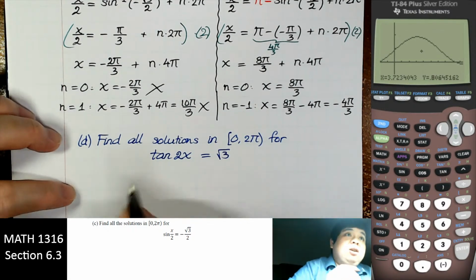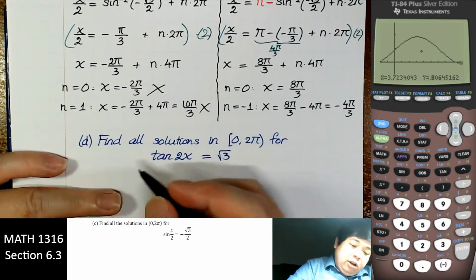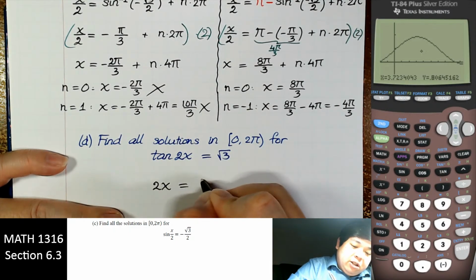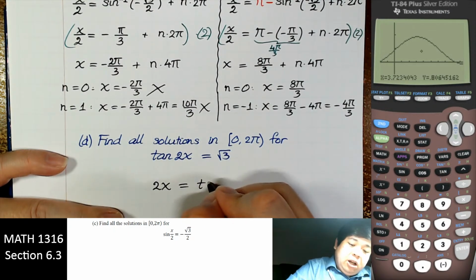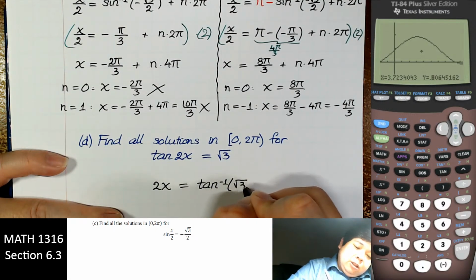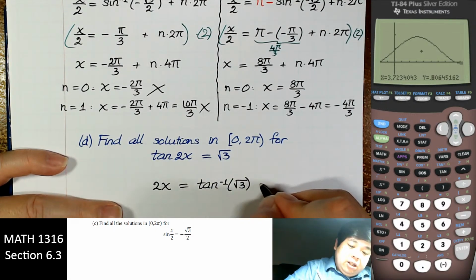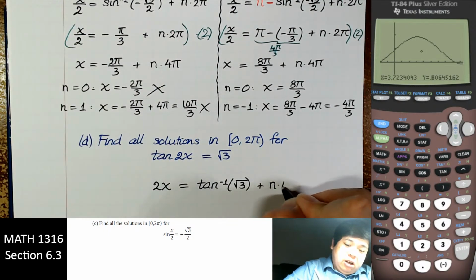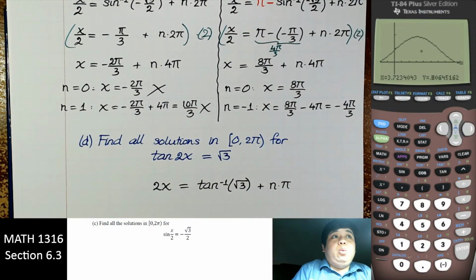Right, for tangent, unlike sine and cosine, it's just the tangent inverse, no supplement, no opposite. The only thing different is instead of n times 2 pi, it's just n times pi. So that is when we have the tangent, right?